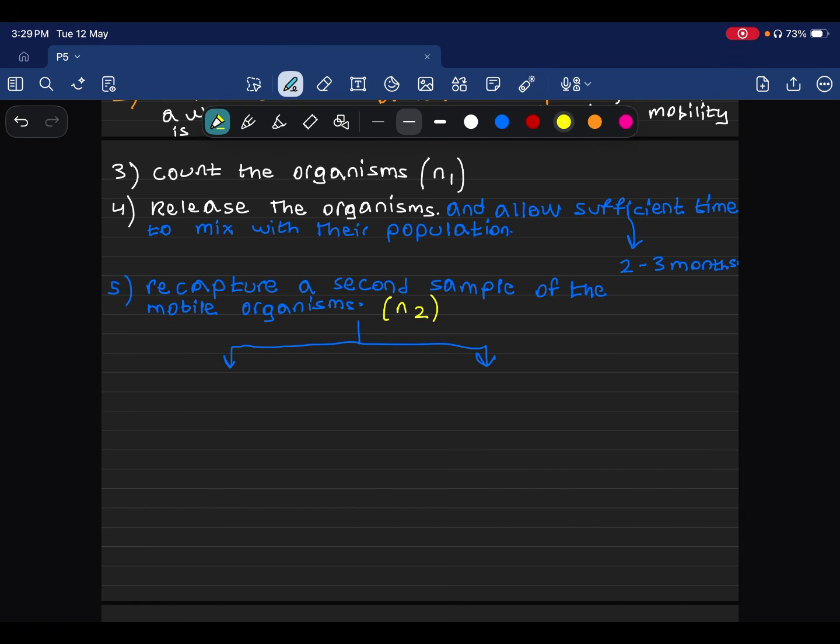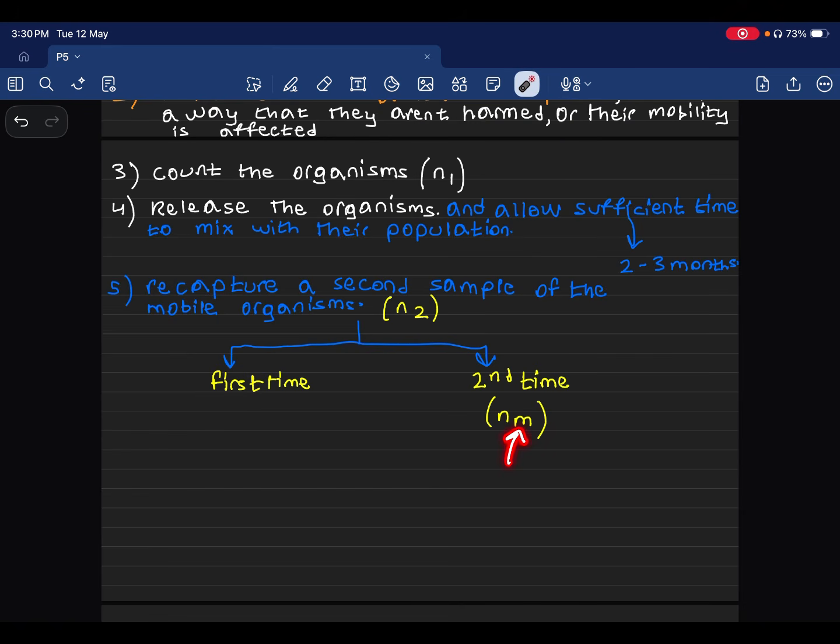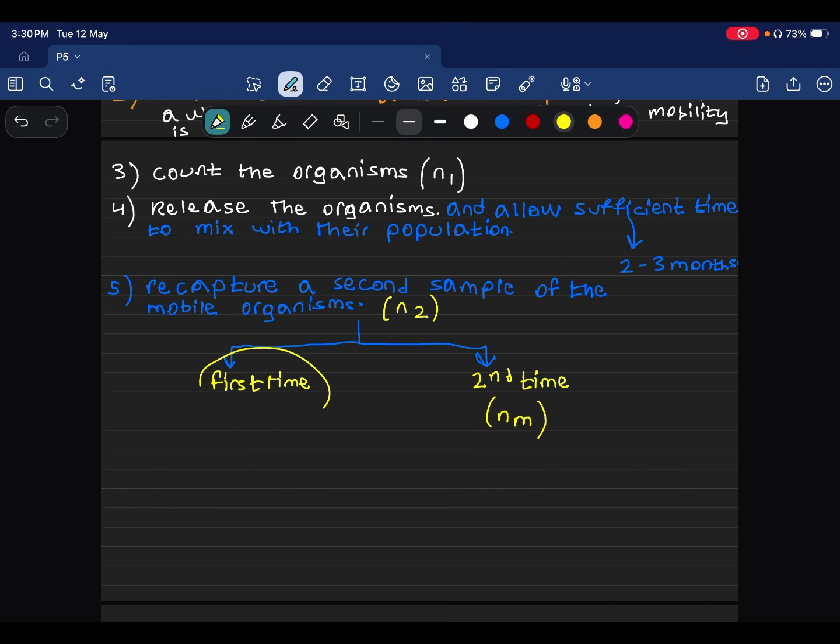Now, out of this N2, there are the ones caught for the first time and the ones caught for the second time as well, which have the paint on them. These organisms which are caught for the second time, you mark as NM. What does M mean? M means marked. So, the number of organisms that are already marked. You don't really name this, you just count them. And when you add these two together, this becomes N2.